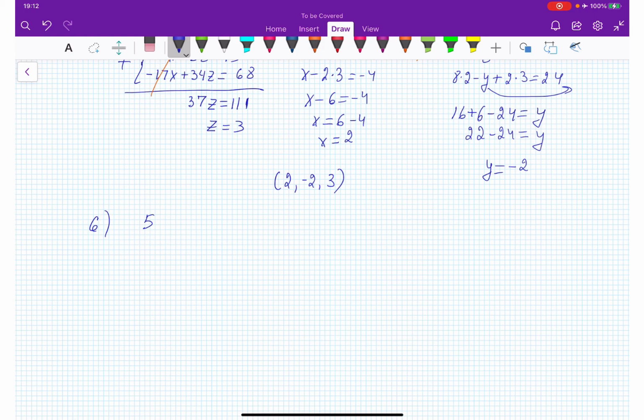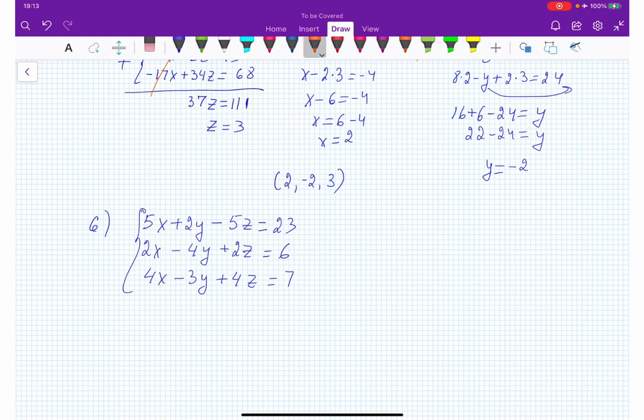Now this one is getting more interesting, more advanced. 5x plus 2y minus 5z is equal to 23. 2x minus 4y plus 2z equals 6. 4x minus 3y plus 4z equals 7.